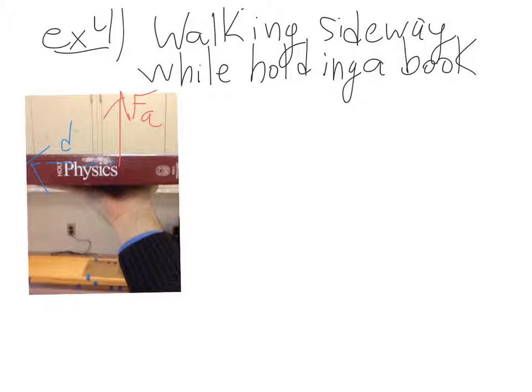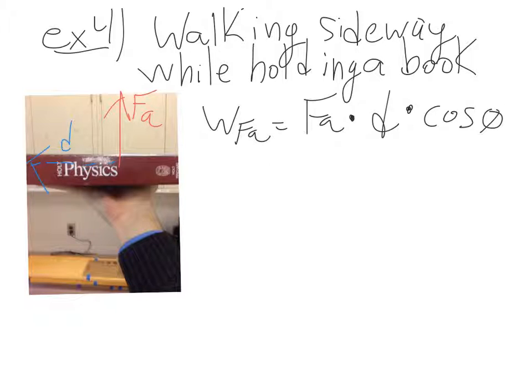All right, so here's our last example where I'm holding the book, and instead of lifting it up or lowering it down, I'm moving across the room while holding that book to the left or to the right. So let's figure out how much work is being done by my applied force in this case. It's going to be the same equation that I've used in the past examples. We're going back to talking about the applied force here, not the force of gravity. And my angle between my applied force and my displacement, you may notice, is a 90-degree angle.